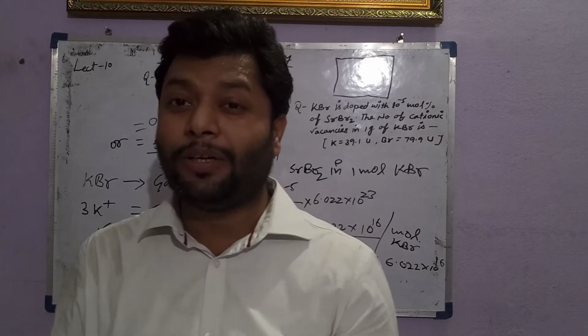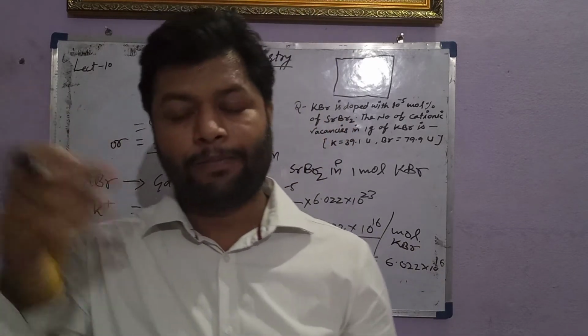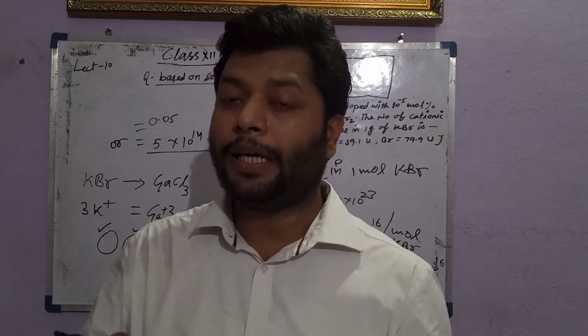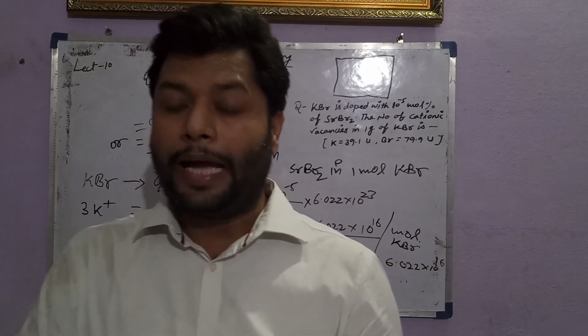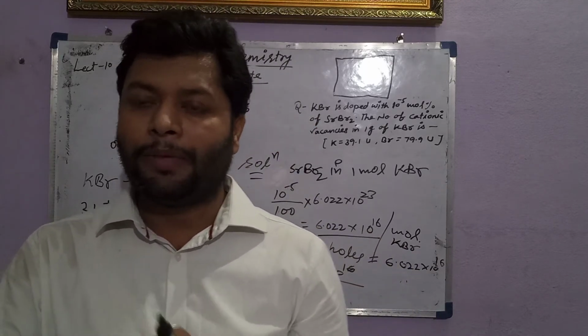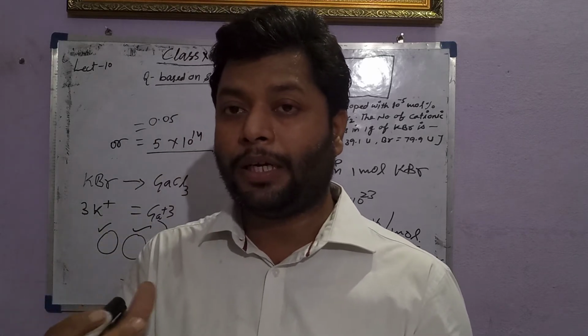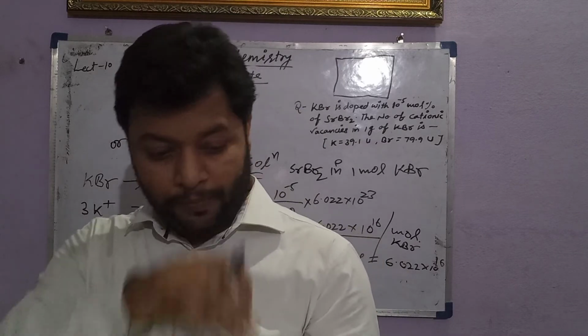It is very easy to learn, students. If the melting point is high, there must be a strong force of attraction. As water has a melting point greater than alcohols, water must have a stronger lattice than alcohols and ether.